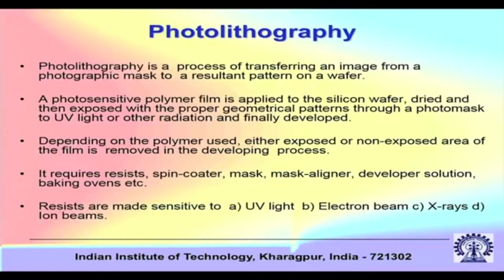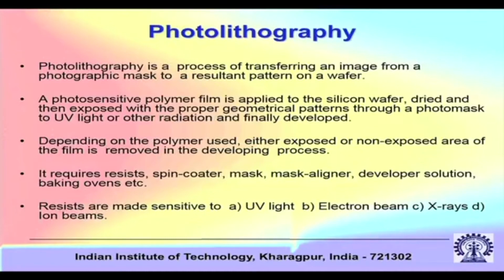You transfer the pattern onto a wafer by a suitable method, and we will discuss what that method is. It is basically transferring a shape from the master pattern to the final object. It requires several things like photoresist, spin coater, mask, mask aligner, developer, baking ovens, etc.